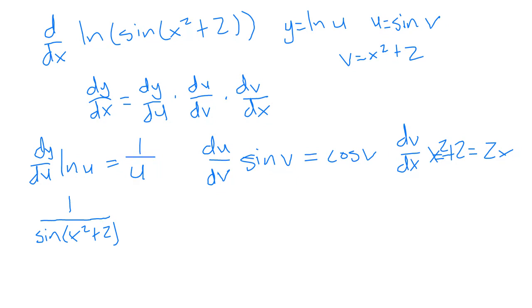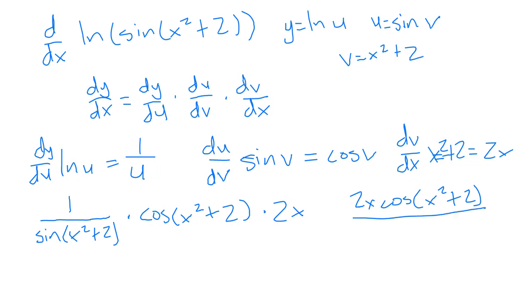Then we have du over dv, which is cosine of v, and v is equal to x squared plus 2. Lastly, we have dv over dx, which is just 2x. Therefore, our final answer is 2x cosine of x squared plus 2 over sine of x squared plus 2.